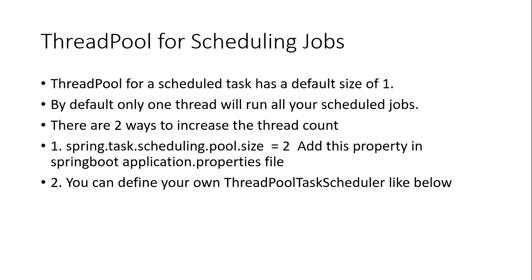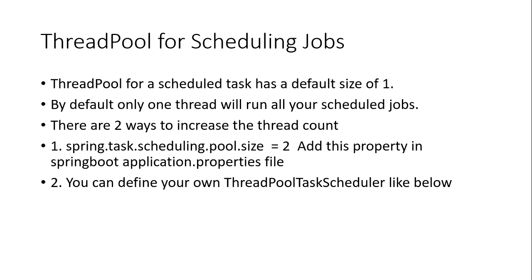Now there are two ways to increase the thread count. For example, I'm not happy with the one and only thread; I want to increase the thread count to two, three or four based on our requirement. The first way is to set spring.task.scheduling.pool.size in your application.properties to two, three, four or whatever.